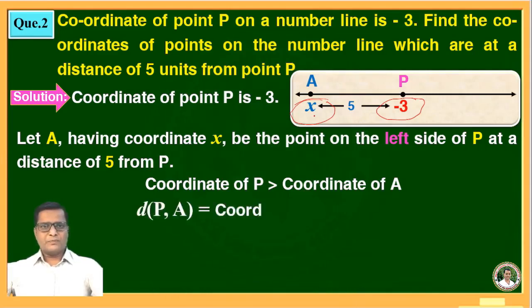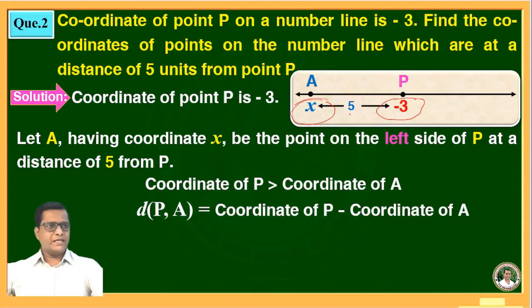Therefore, distance of PA is equal to coordinate of P minus coordinate of A. What is distance of PA? It is 5, given. Coordinate of P is minus 3 and the coordinate of A is x. Put the values. Therefore, 5 is equal to minus 3 minus x.